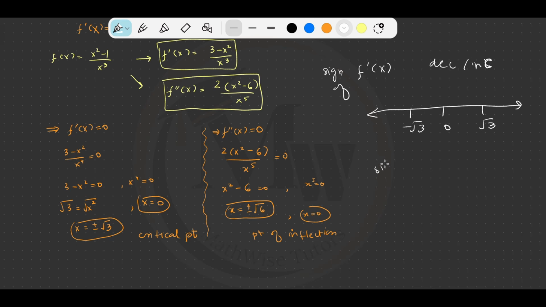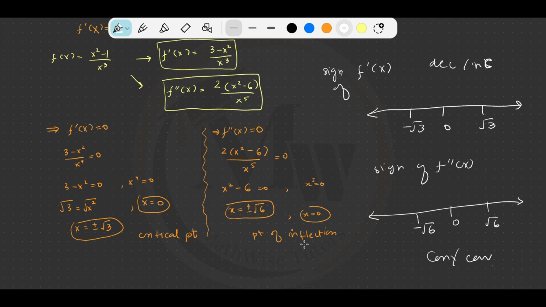And when we check the sign of f double prime of x around these 3 points, x equal to 0, x equal to square root of 6 and x equal to negative square root of 6, we take test points between these intervals to check how the sign of the second derivative behaves. This gives us the information about concave up or concave down.